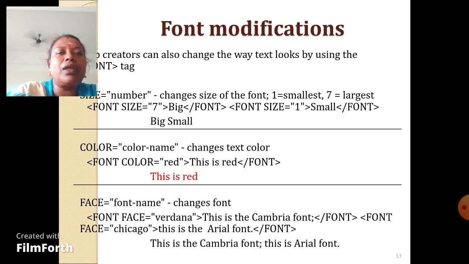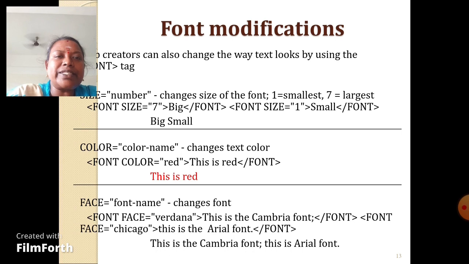So for example, here you declare font color equal to red, this is a red color, and use /font to close the font tag. Within the font color, between the text, it displays the mentioned color.